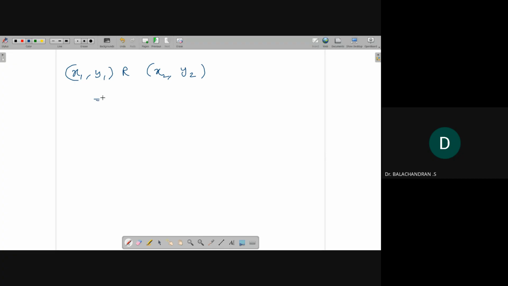This implies x1 equals some alpha into x2, and y1 equals some alpha into y2. So this implies x2 is equal to 1 by alpha into x1, and y2 is equal to 1 by alpha into y1.